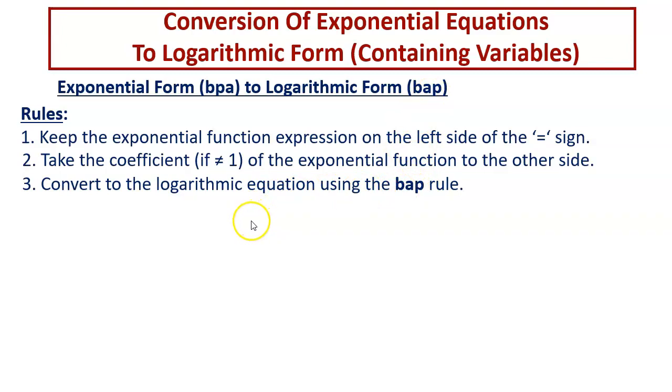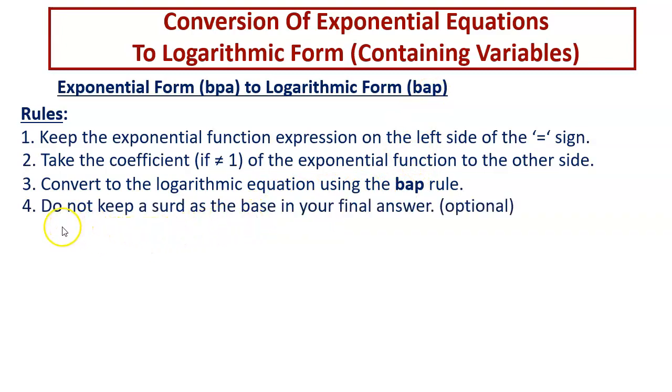And rule number 4, which is an optional rule, do not keep surd as the base in your final answer. And as I have written, this is an optional rule. If you think that you will be making some mistake while doing this step, just forget about this step.